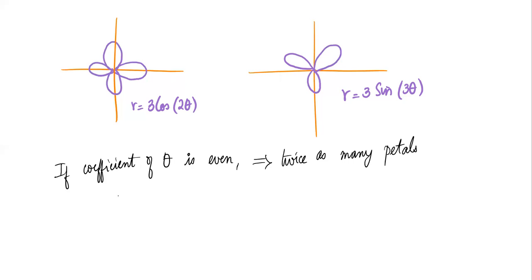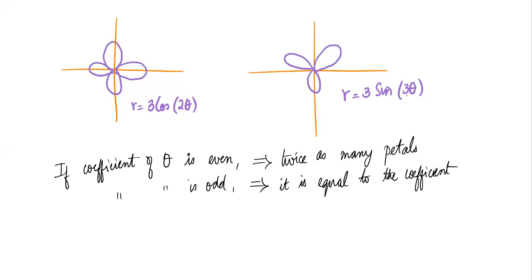Likewise, if the coefficient of theta is odd, it is equal to the coefficient. Look at this one, 3 theta, it's odd, right? The coefficient is odd. Therefore, the number of petals will match the coefficient. So you have 3 theta, 3 is the coefficient, and there are 3 petals.